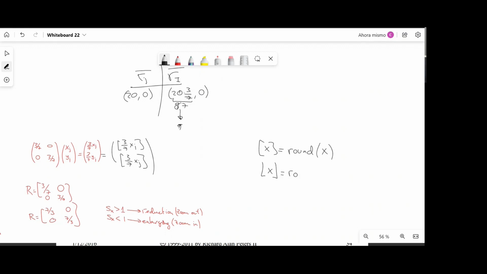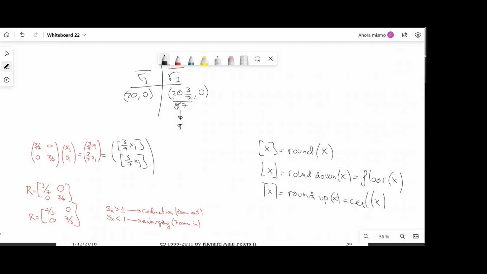So round down of x. It's also called floor of x. And you have this one, this round up of x. And this is also called ceiling of x.